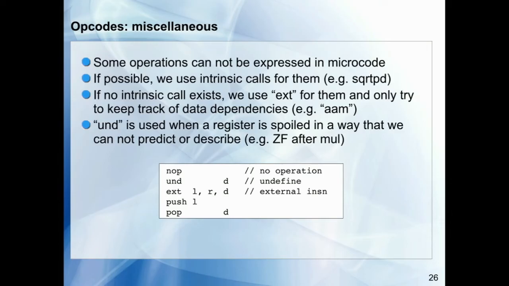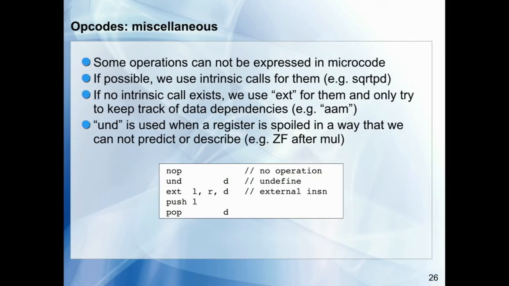We don't have microcode instructions for them, and they are represented either using so-called intrinsic calls or helper calls or the external instruction. The external micro instruction just tells us that there is something that we cannot express in the microcode, but it helps us to trace the data dependencies.